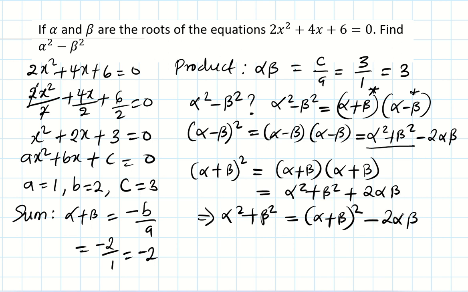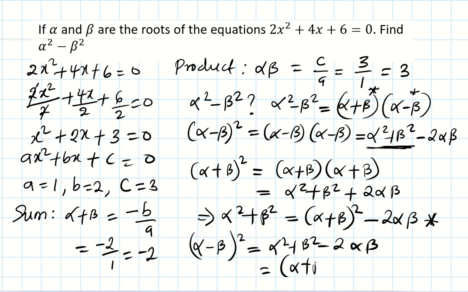Now it suffices to substitute this equation here. When we do that, we have (alpha minus beta)² equal to this minus this, because previously it is alpha² + beta² − 2 alpha beta, which is equivalent to (alpha plus beta)² − 2 alpha beta − 2 alpha beta.